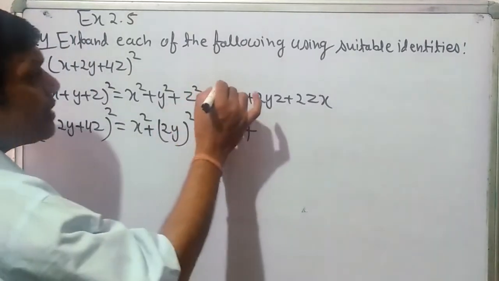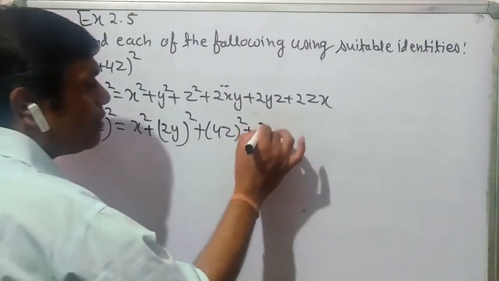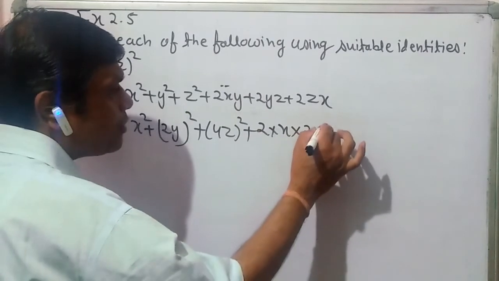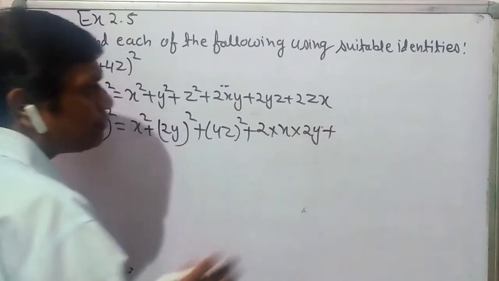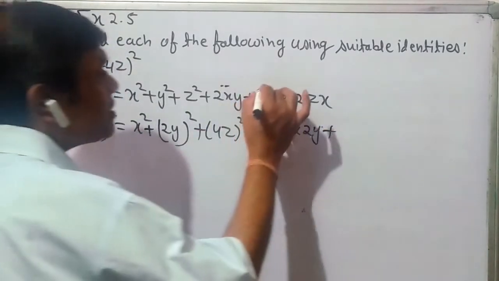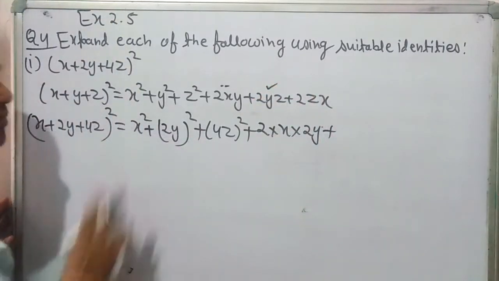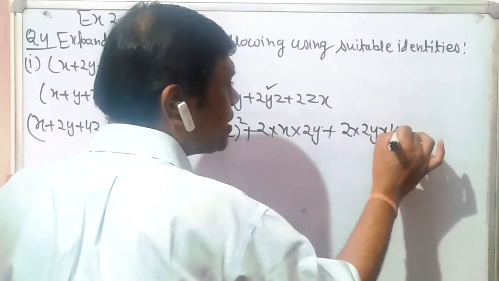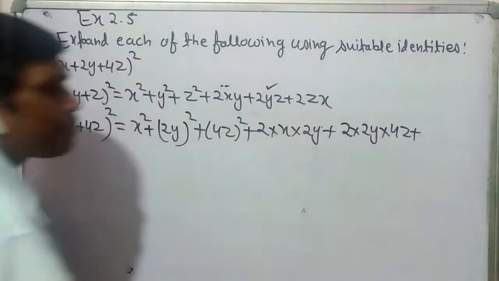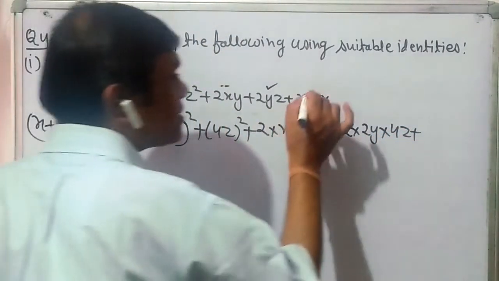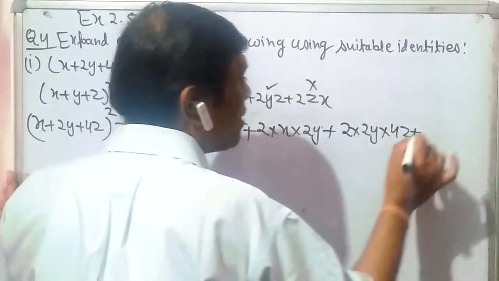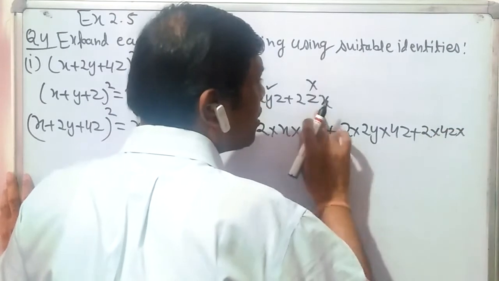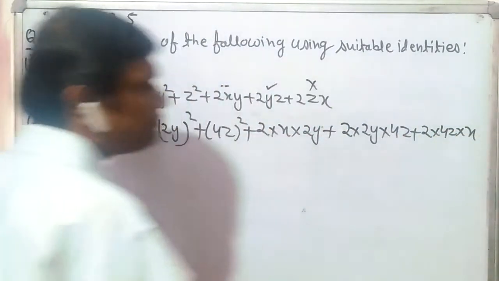Now the next term is 2xy. 2 multiplied x multiplied in place of y is 2y. Next term is twice yz. 2 we take, instead of y twice y, instead of z we have 4z. Twice zx means what we have is, instead of z we have 4z and instead of x we have x.